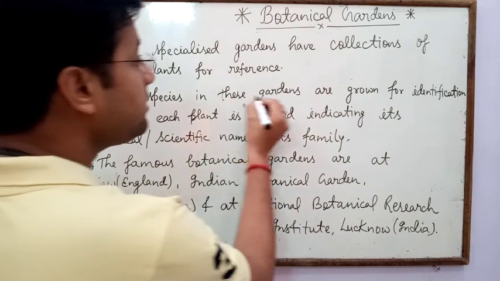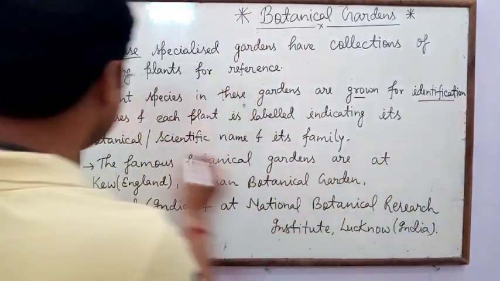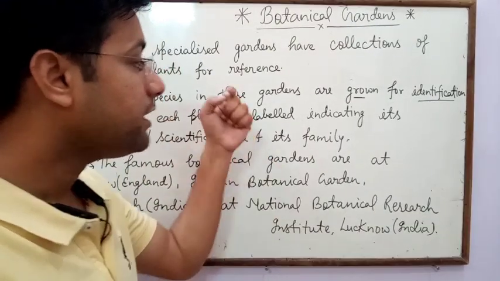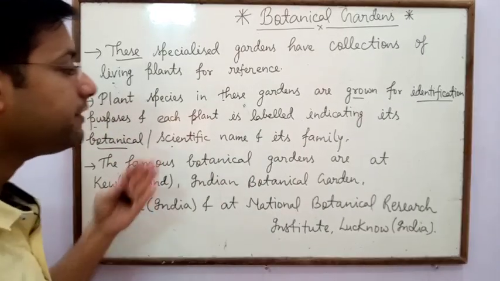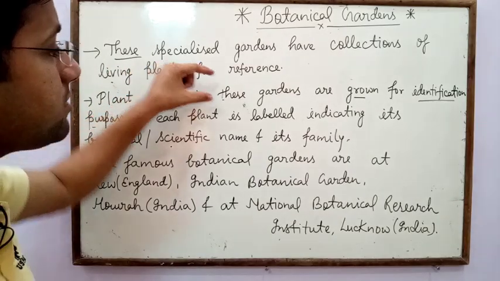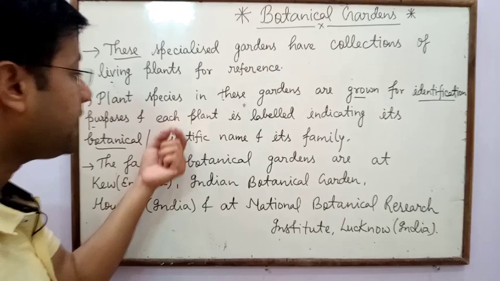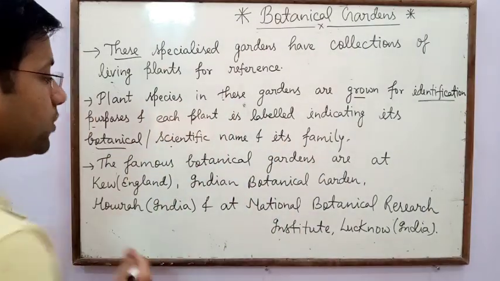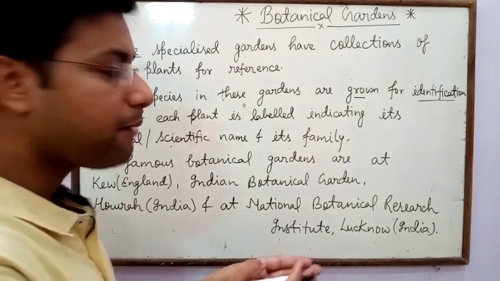Plant species in these gardens are grown for identification purposes, and each plant is labeled indicating its botanical or scientific name and its family.